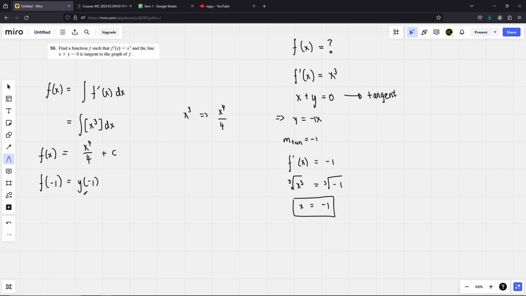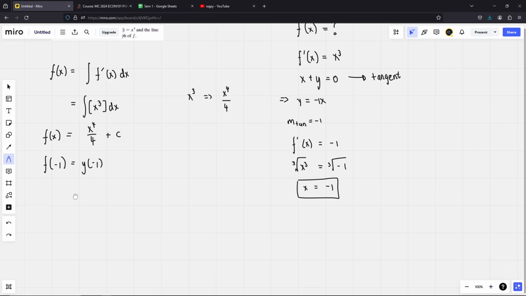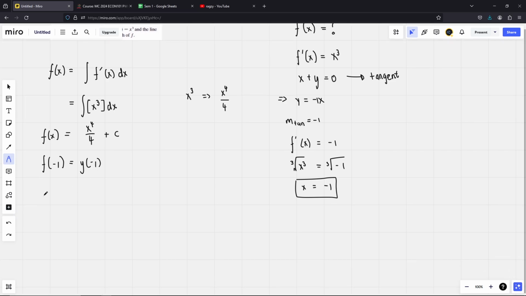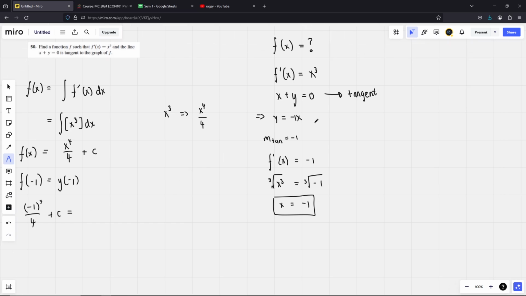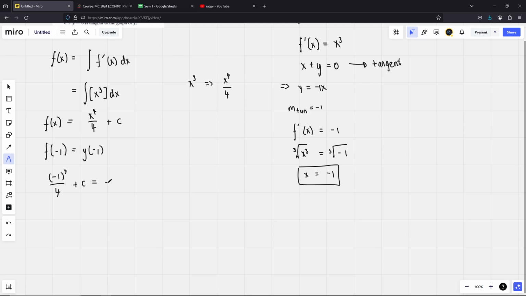Okay, so this here is mathematically incorrect. I don't think you can write this in this form, but just for an understanding. So this is going to be minus 1 to the 4 divided by 4 plus c, and then substituting a minus 1 for x in y equals minus x, we get minus into minus 1.